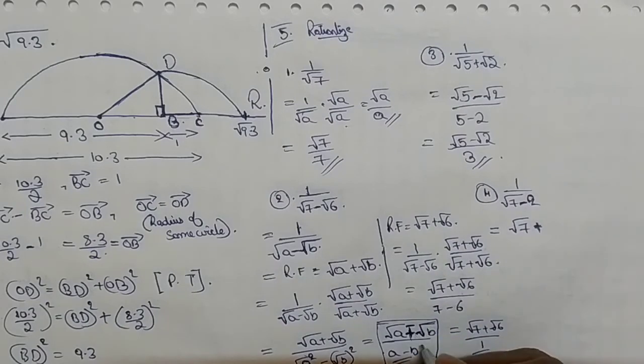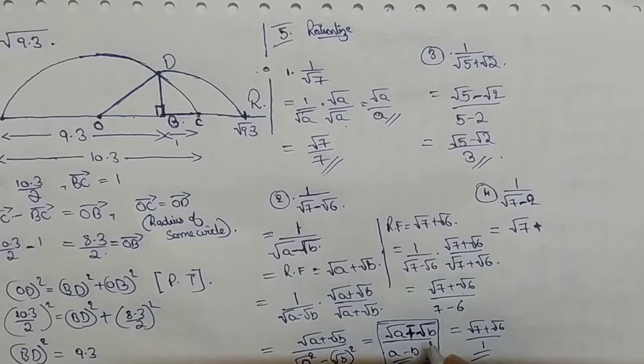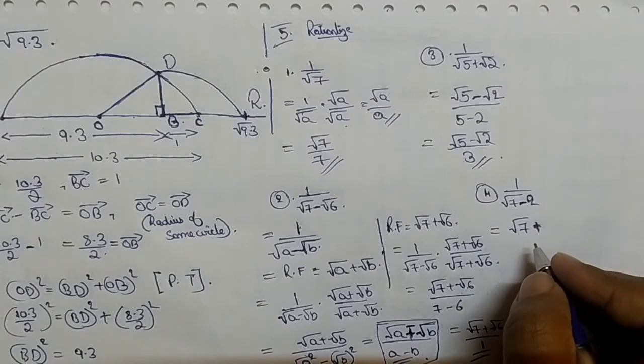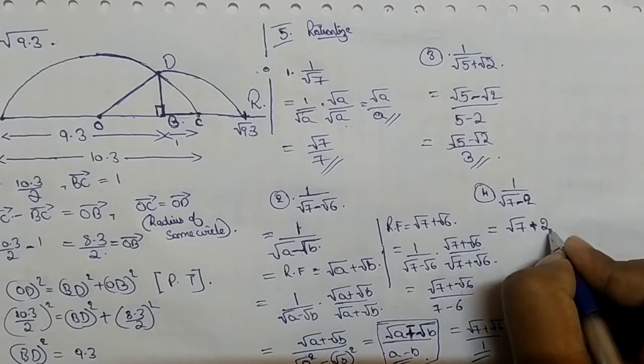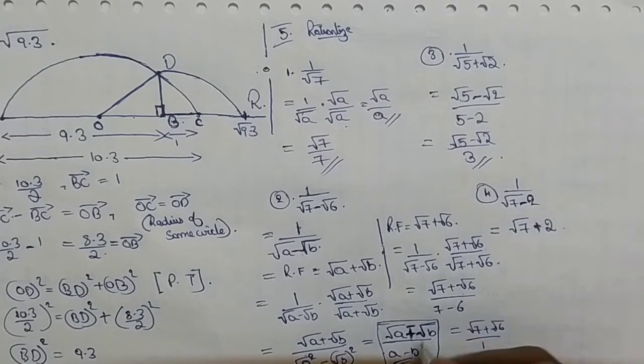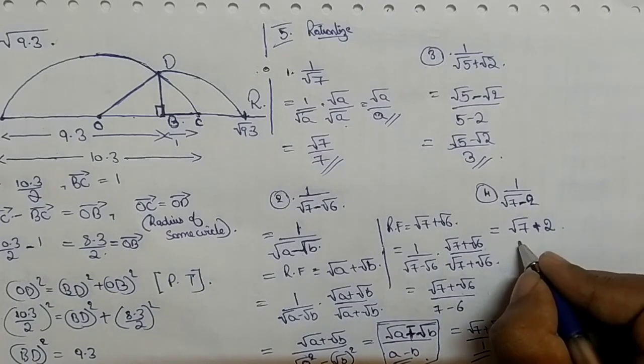This whole term is b, and we have 2 here. So what we need to take is, the second term is b. There is no root here. If there is a root, take root. If there is no root, no root.